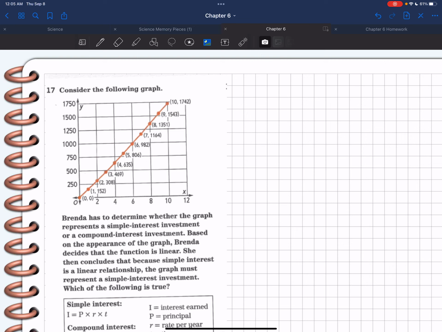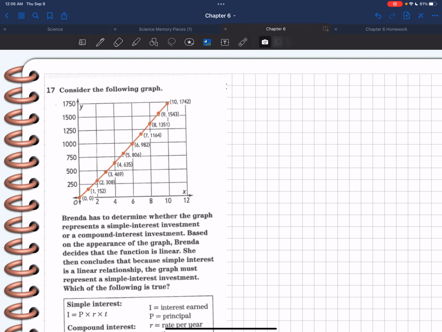Based on the appearance of the graph, Brenda decides that the function is linear. She then concludes that because simple interest is a linear relationship, the graph must represent a simple interest investment.